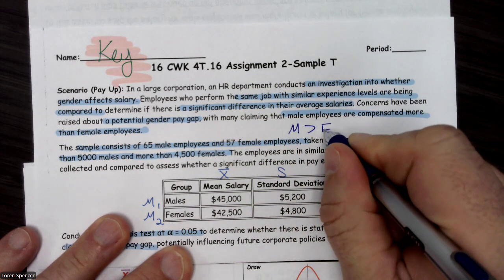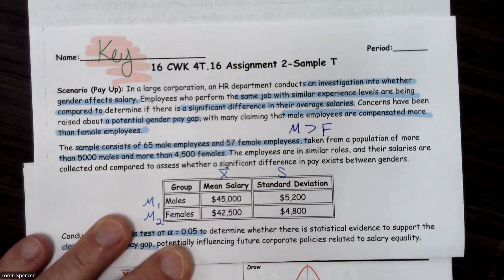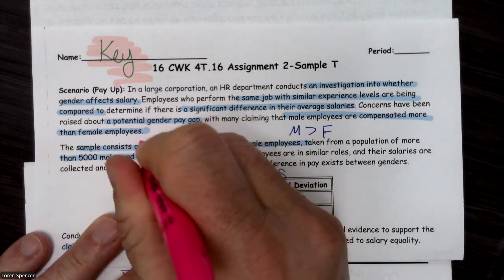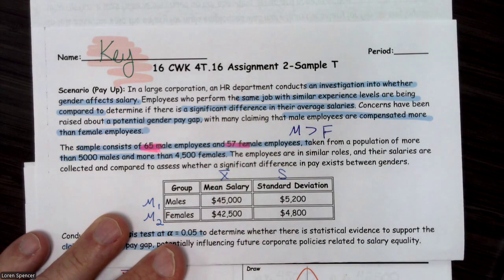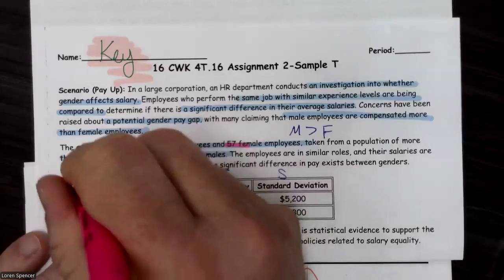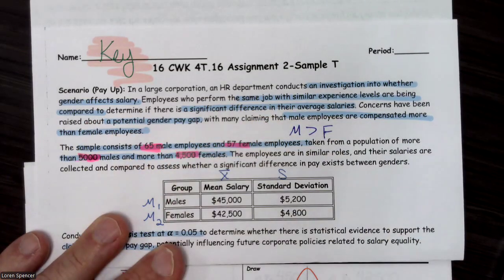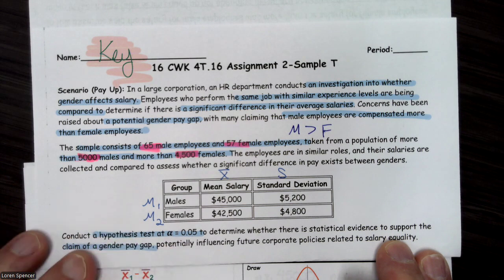I use M for males, F for females. It should say a random sample of 65 male employees and a random sample of 57 female employees taken from a population of more than 5,000 males and 4,500 females. The employees are in similar roles and their salaries are collected and compared to assess whether a significant difference in pay exists between the two genders.